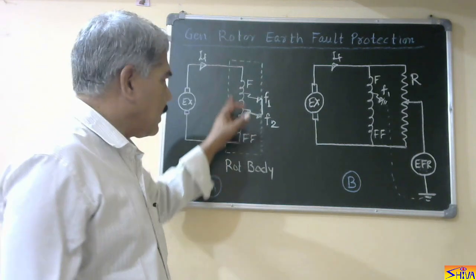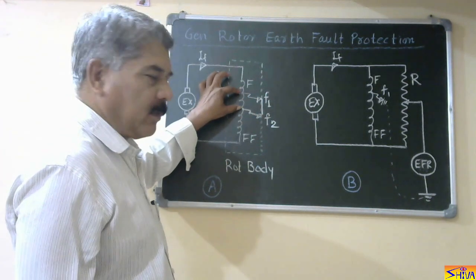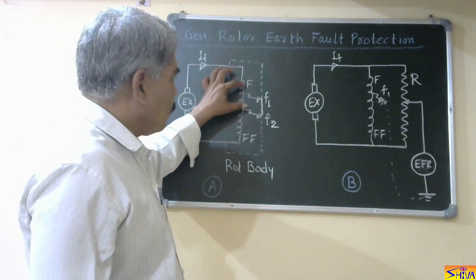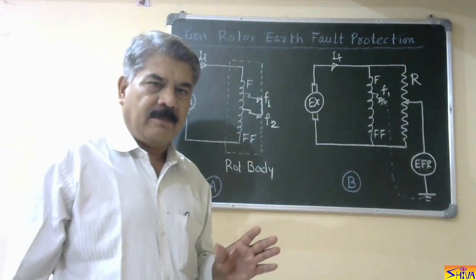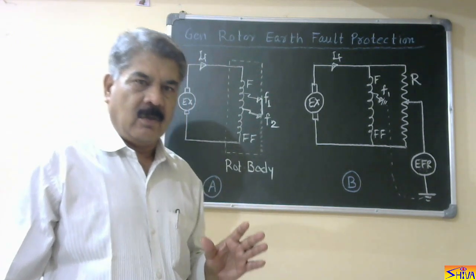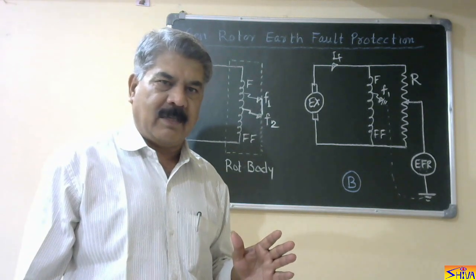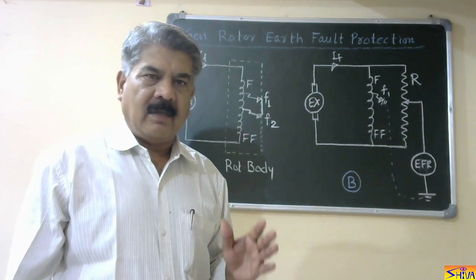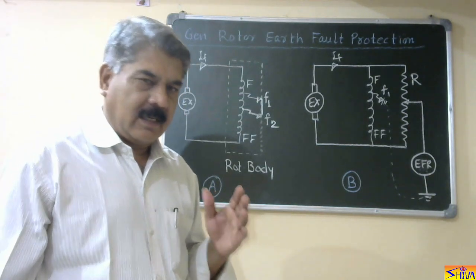First thing, current starts flowing in the body of the rotor. Second, this part of the winding is bypassed. As the current starts flowing in the rotor, the first thing is rotor gets heated. So this generates thermal stress in the rotor. When second earth fault takes place, it generates thermal stress in the generator rotor.